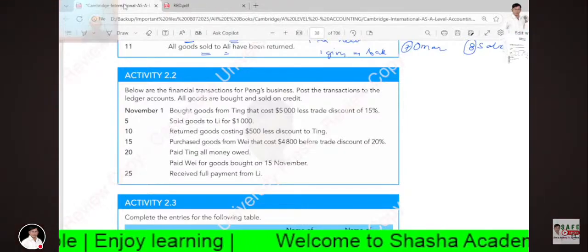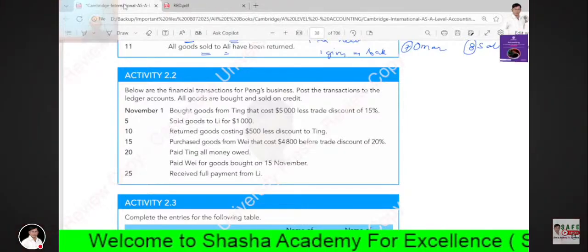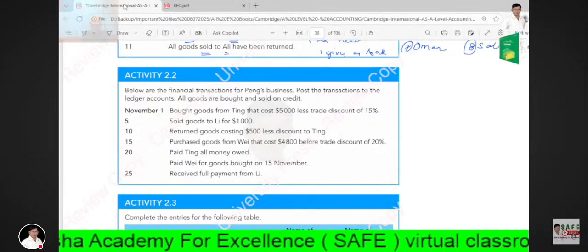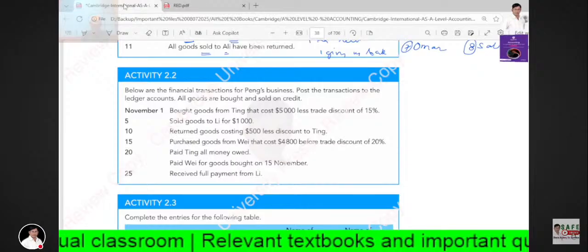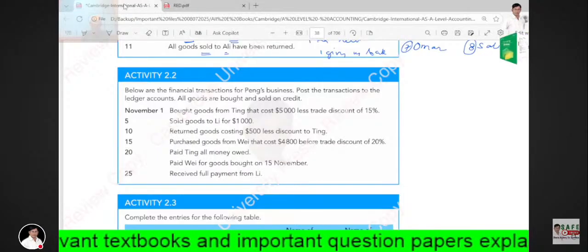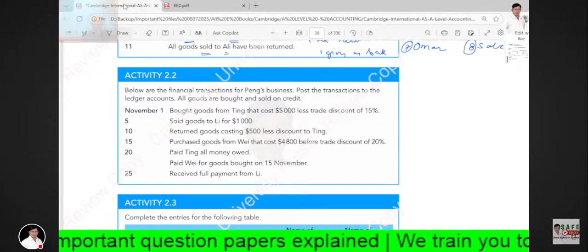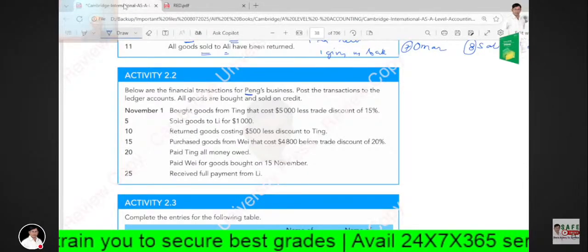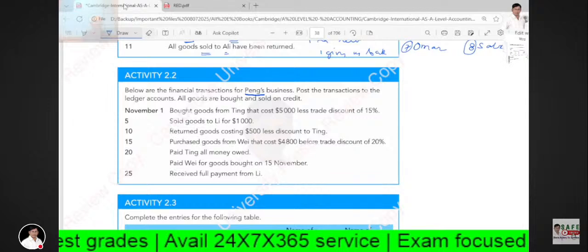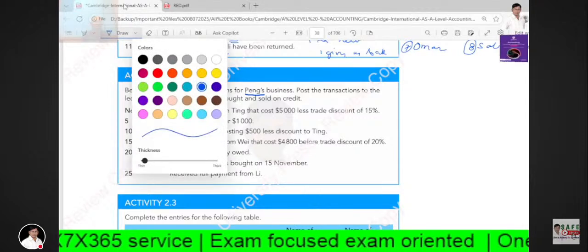So this is activity 2.2, credit transactions. Below are the financial transactions for Peng's business. So these are the books of Peng's business.